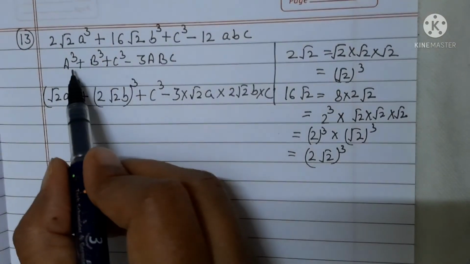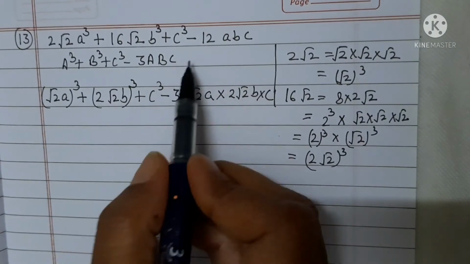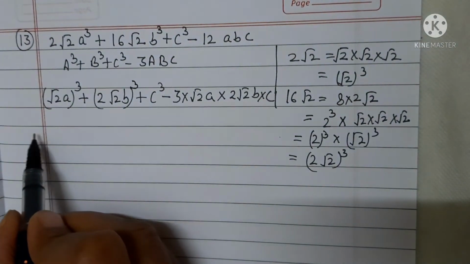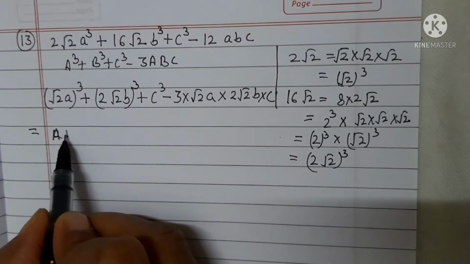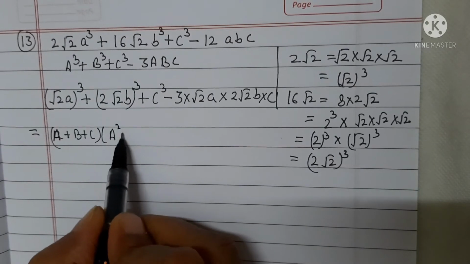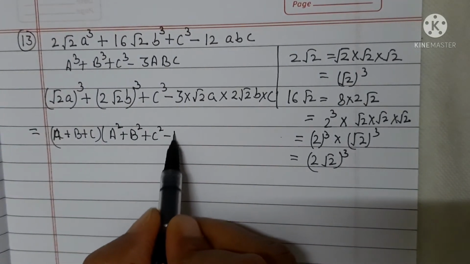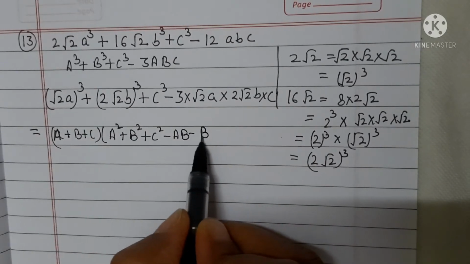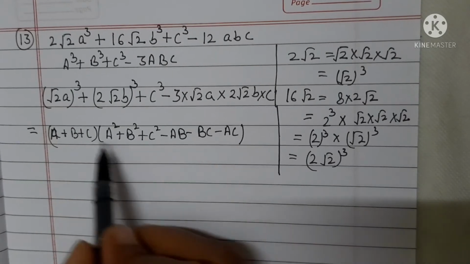It means a cube plus b cube plus c cube minus 3abc is equal to, you know, this you can write as a plus b plus c into a square plus b square plus c square minus ab minus bc minus ac. Now substitute the values.